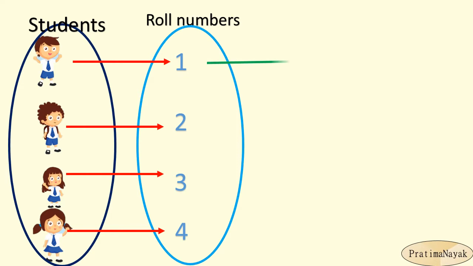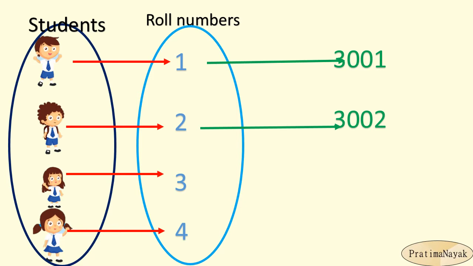Now they are going for the board examination. Roll number 1 has been given board roll number 3001, roll number 2 has been given 3002, 3 has 3003, and 4 has 3004.